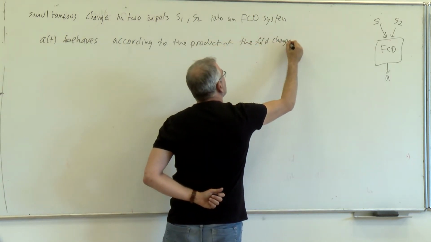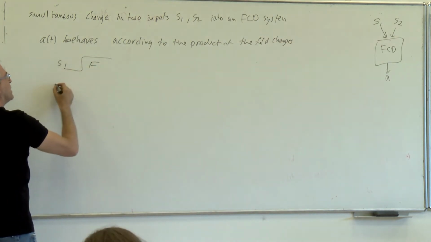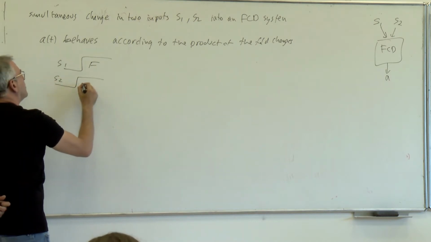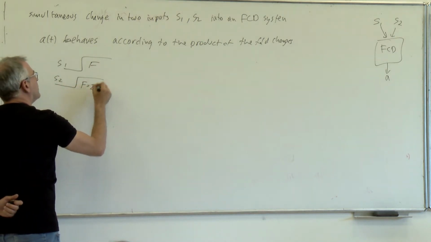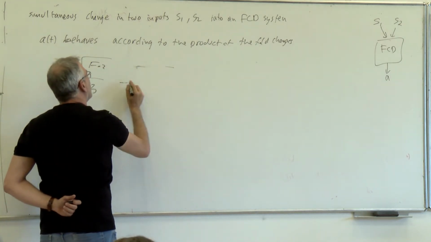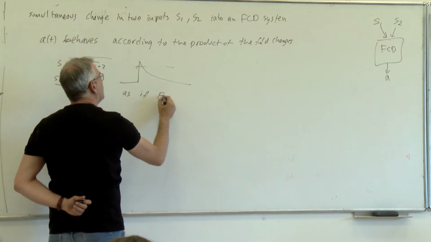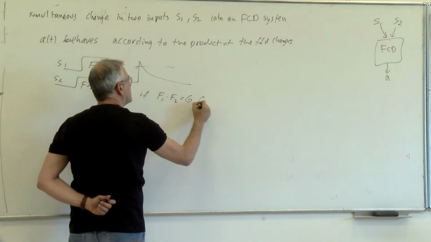So what does that mean? That means that if S1 has, let's say, a two-fold change, and S2 has a three-fold change, then A will respond as if there was F1 times F2, which is a six-fold change in one input.